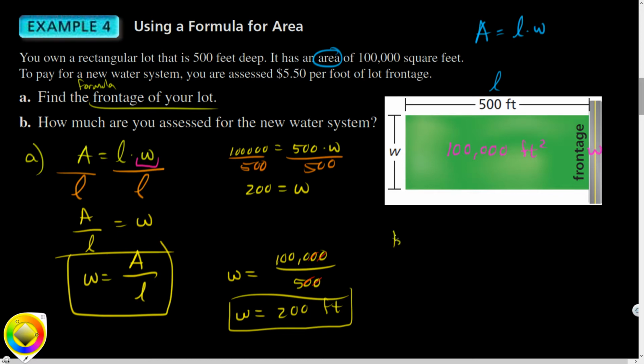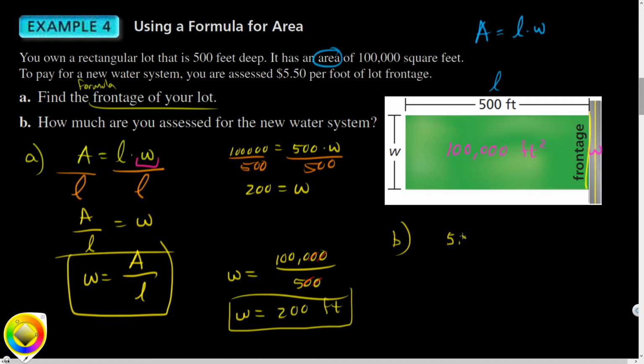How about part B? It says, how much are you assessed for the new water system? Thoughts? All right, I'm going to take the frontage, which is W, and multiply by 5.50.